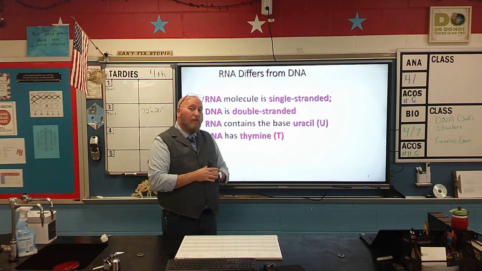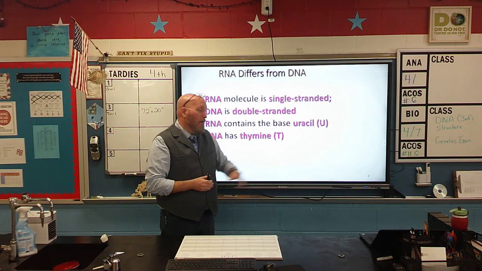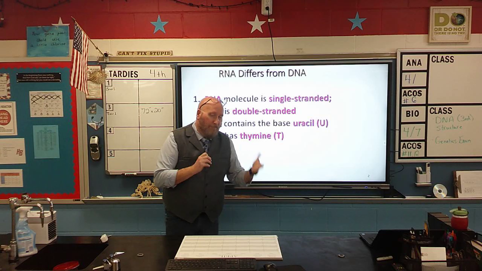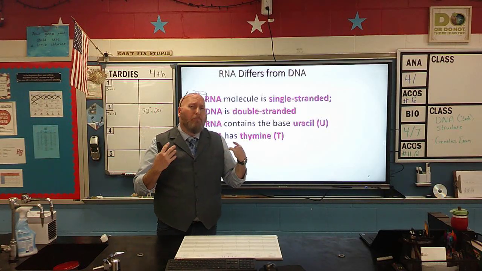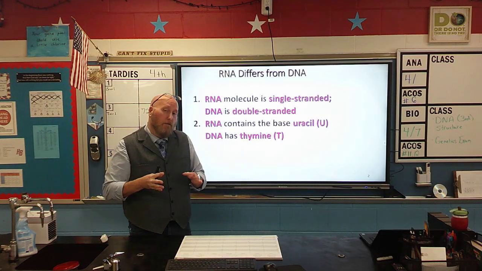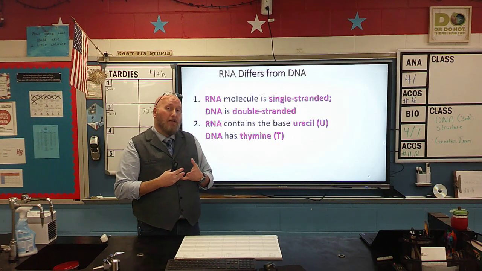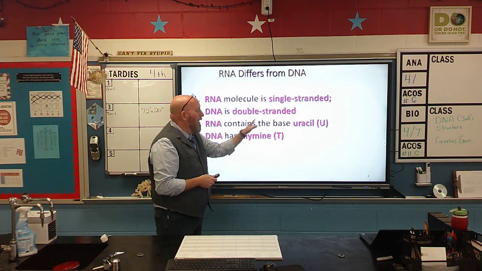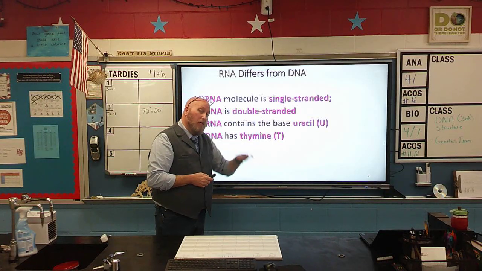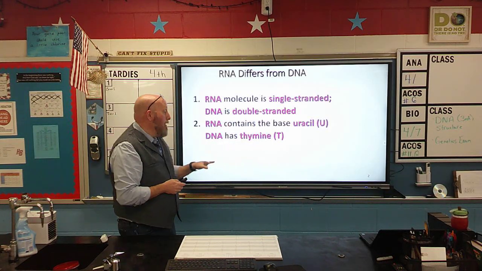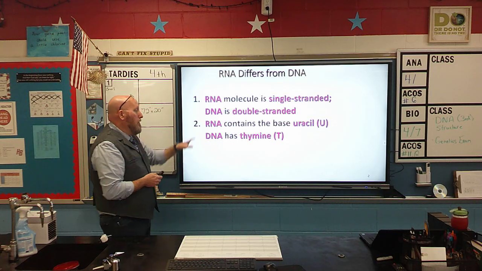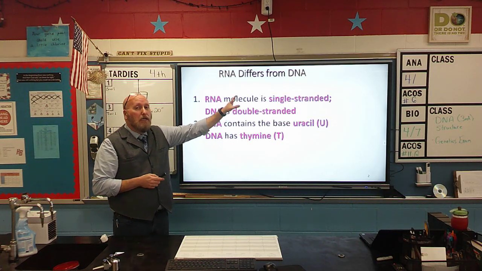So where you think you would have a T in the RNA, you will have a U, you will have a uracil, okay? They're very chemically similar, but they're different enough that they're 2 different molecules, and uracil will bond with adenine, okay? Now, again, the only time that you will see uracil is in the RNA. You will never see it in the DNA, and conversely, you'll never see thymine in RNA as well.